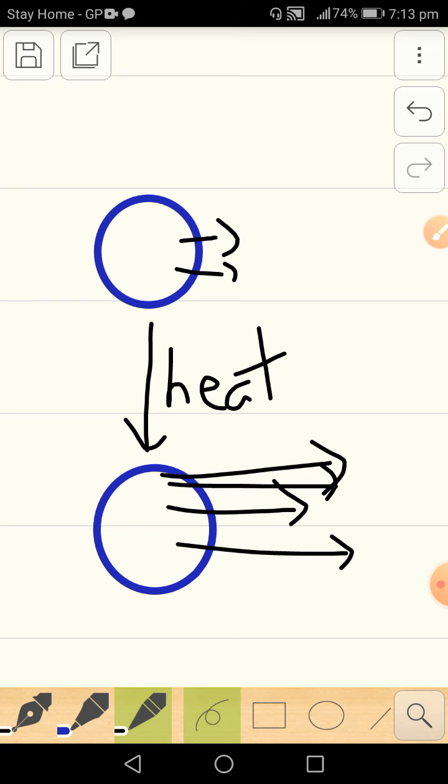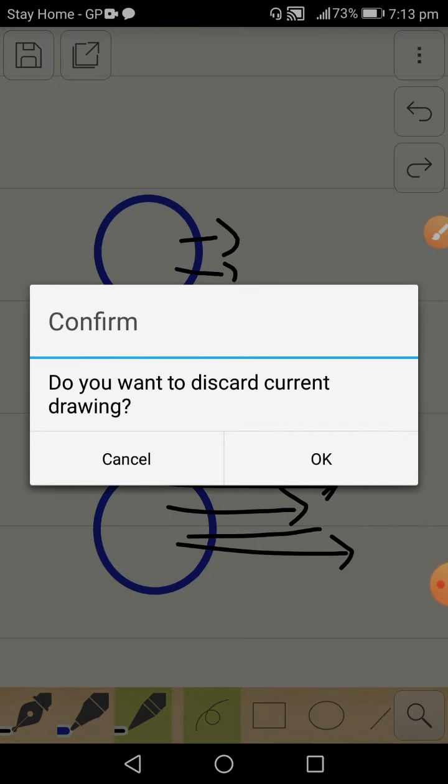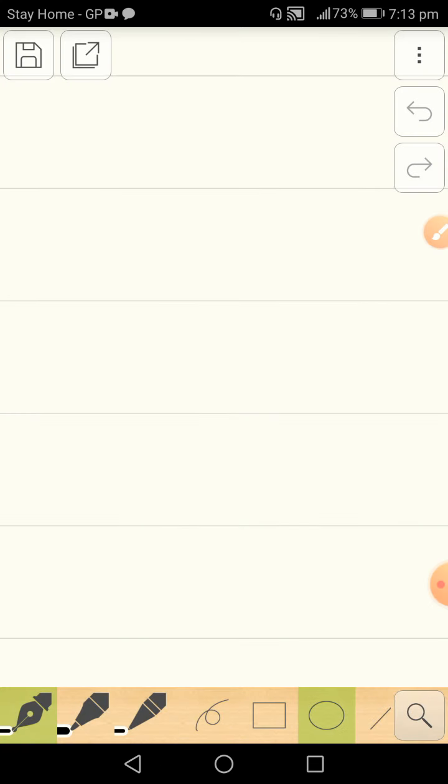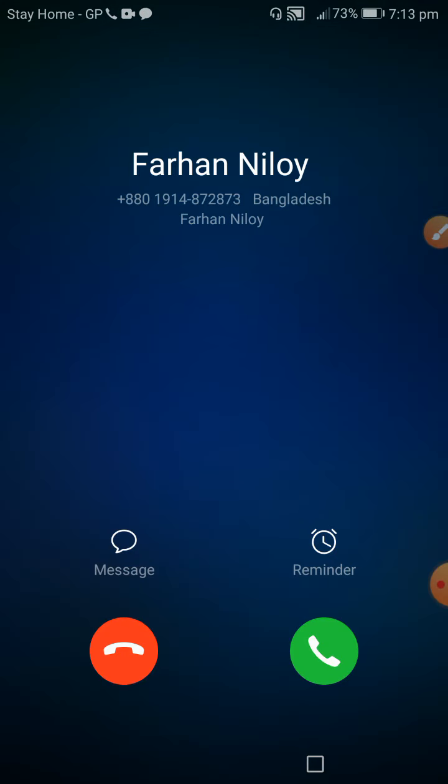That means they would move with higher velocities, with a higher speed. Now tell me, what about the collision between the two particles when they are moving at a lower speed or at a higher speed?